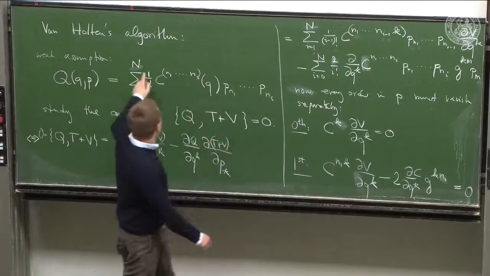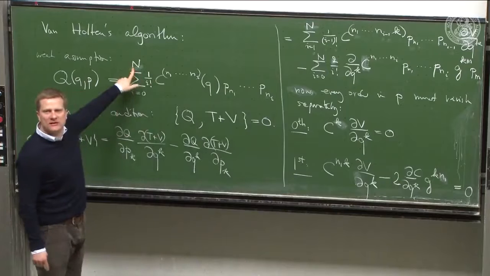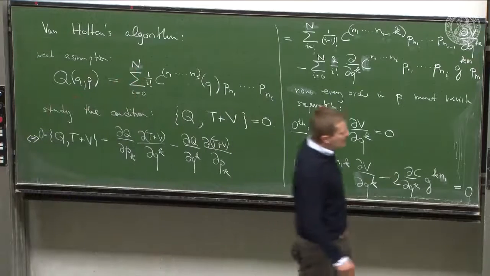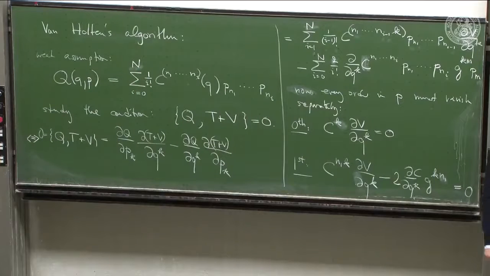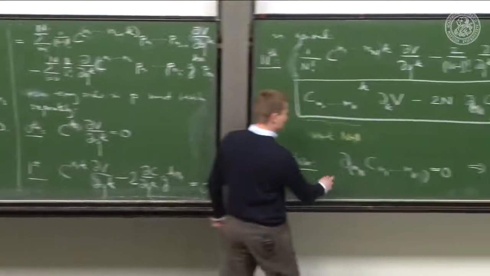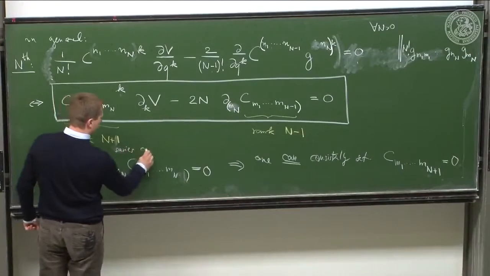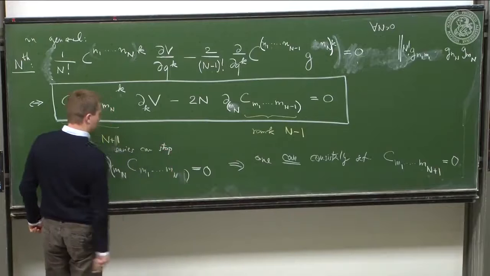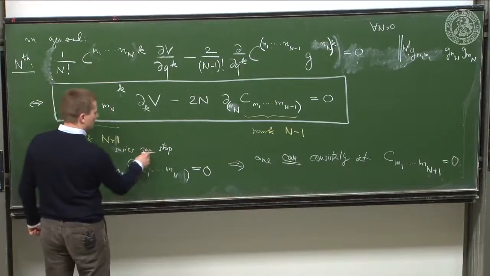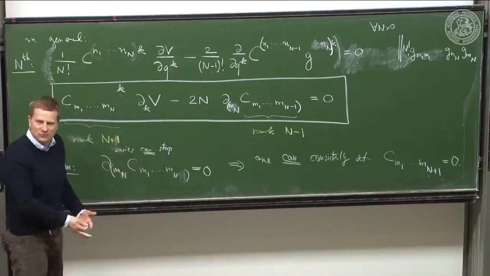What I need, or where do I stop? So the question is, where do I stop the series? And the answer is, that is the condition. So the claim is, the series can stop. And I need to show you that that's true. The series can stop. You can go on, but you don't need to. That's the point.